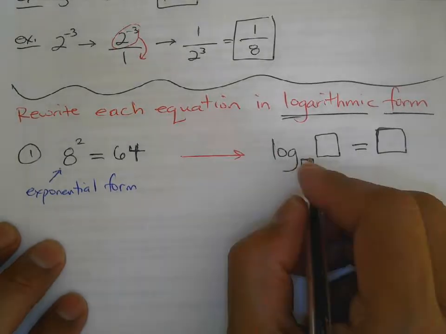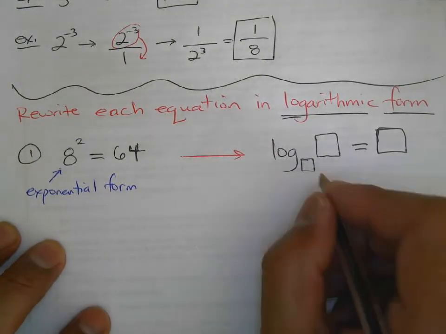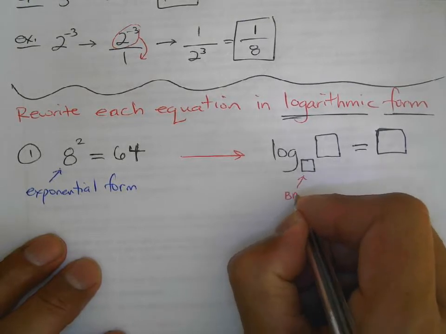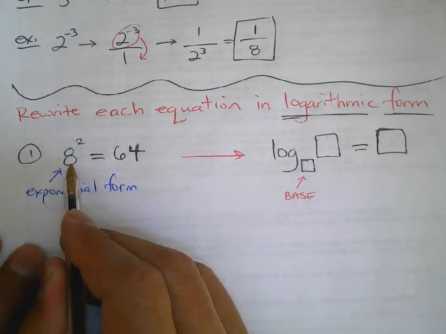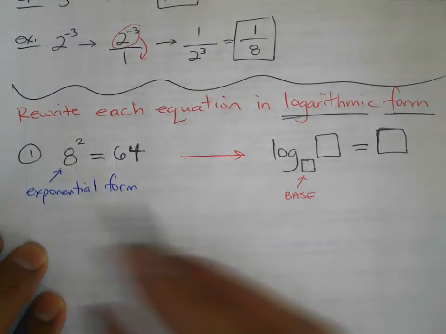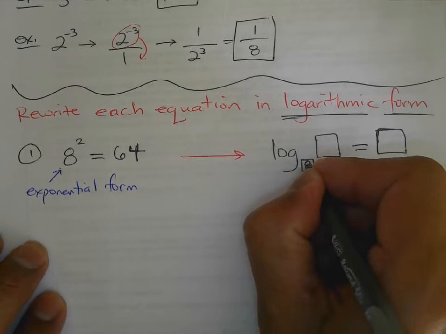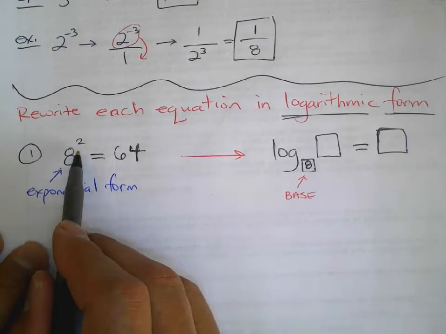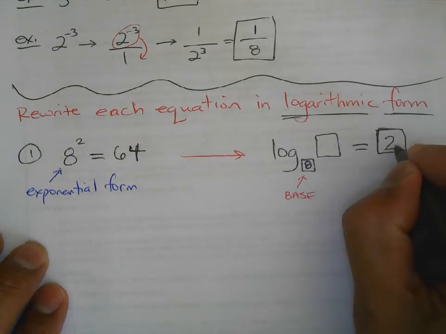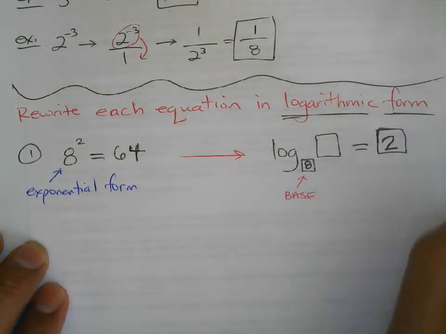Okay, so here goes the base. This little one is the base, so what's the base here? 8 to the power of 2. So 8 goes here. The power of 2 does not go here. The power of 2 goes over here. The power is like this big important thing here, right?